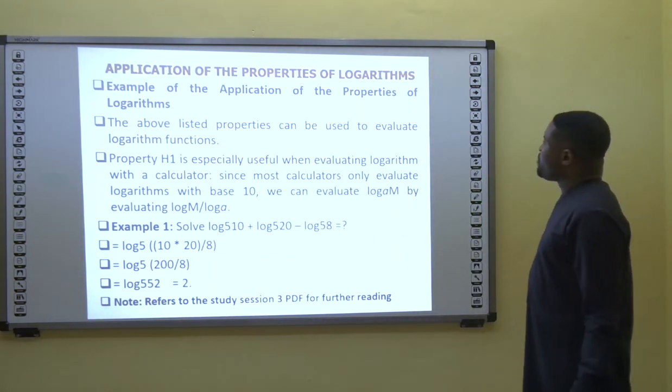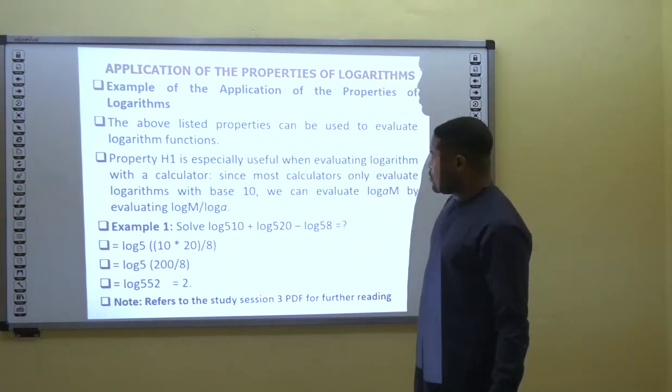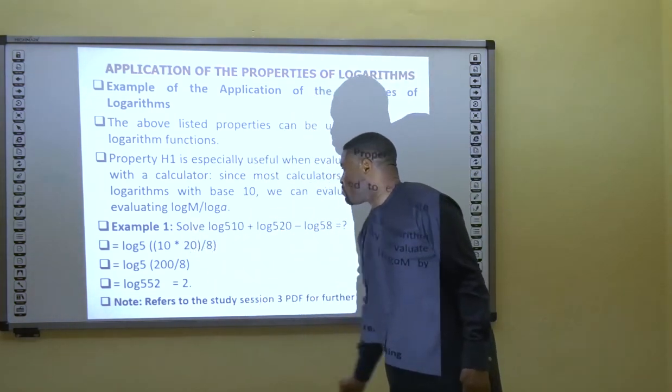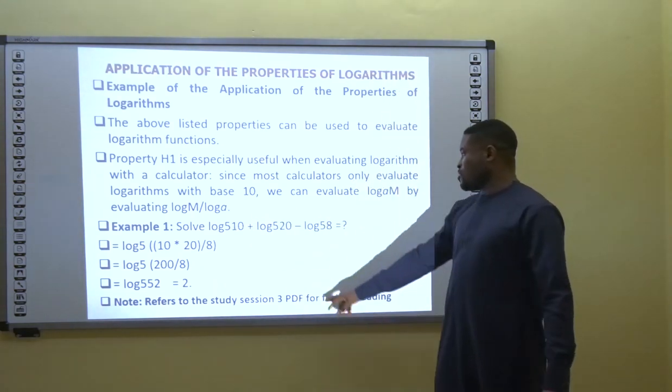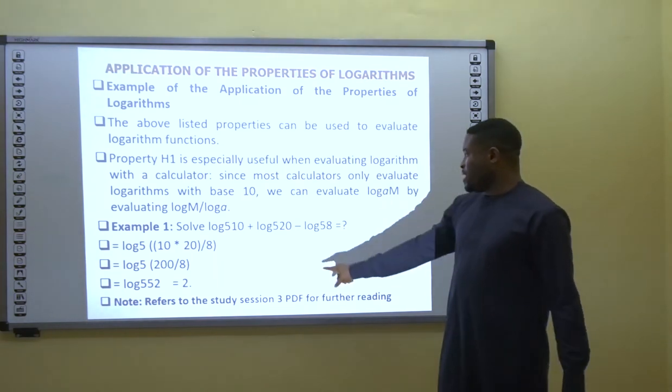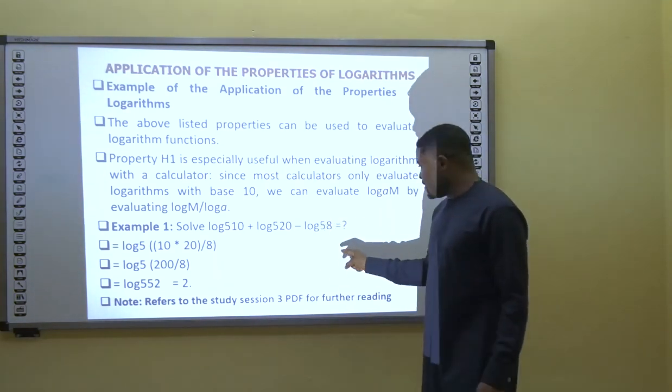So examples of the application of these properties of logarithms are seen below. You can see in example 1, we have log 5 of 10 plus log 5 of 20 minus log 5 of 8.